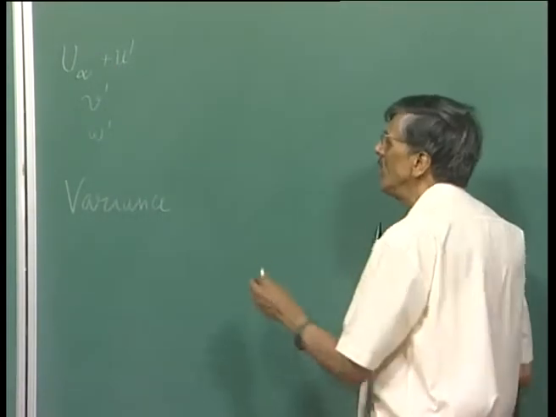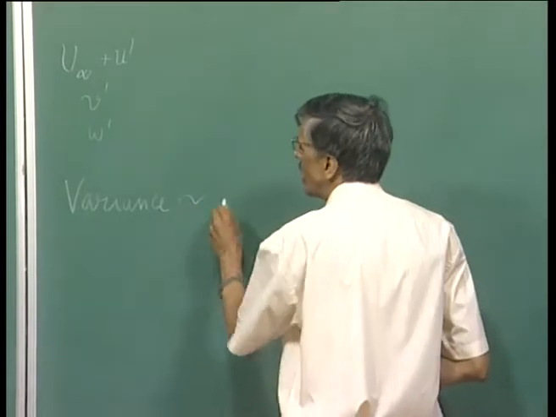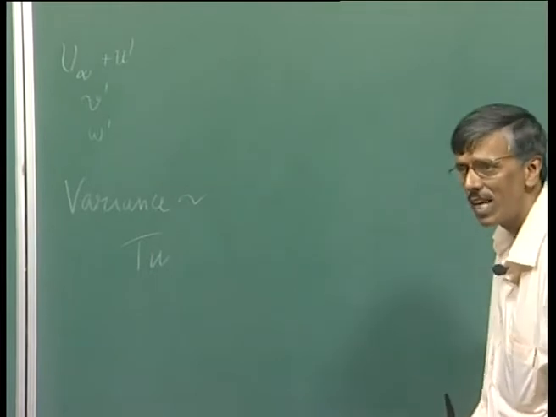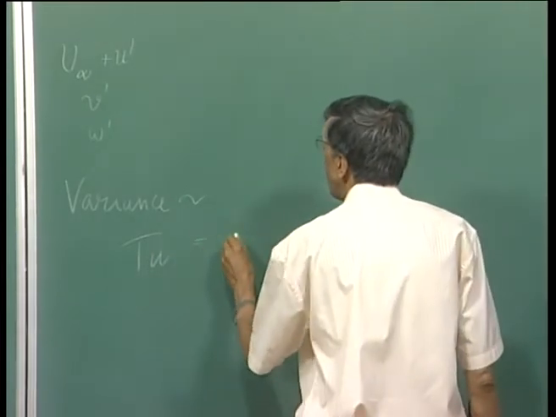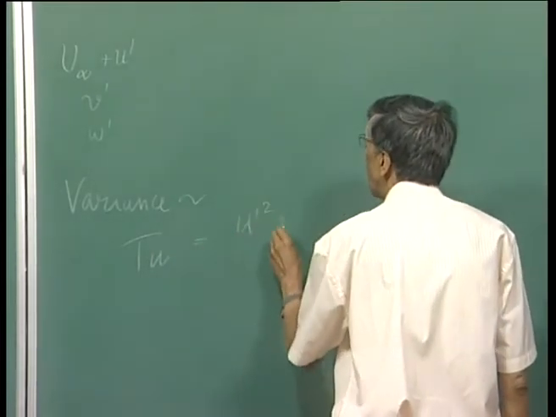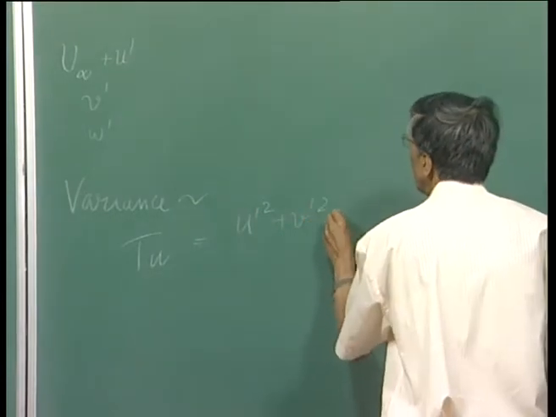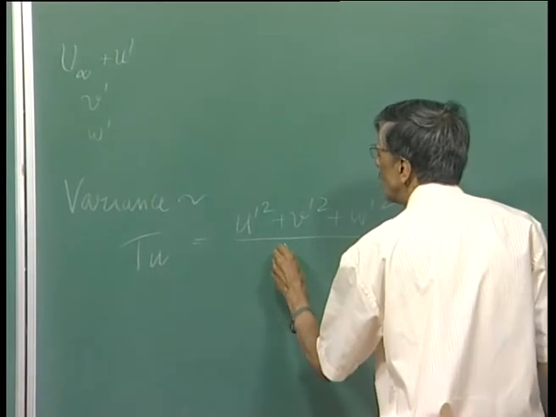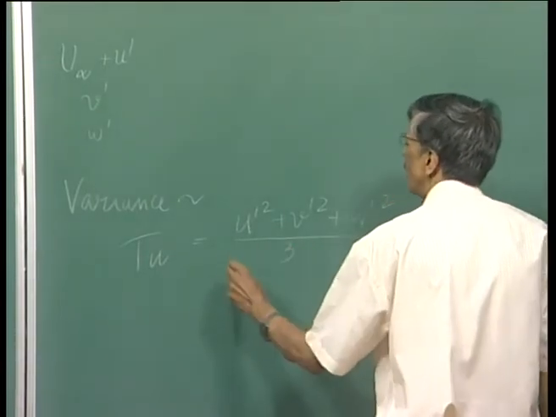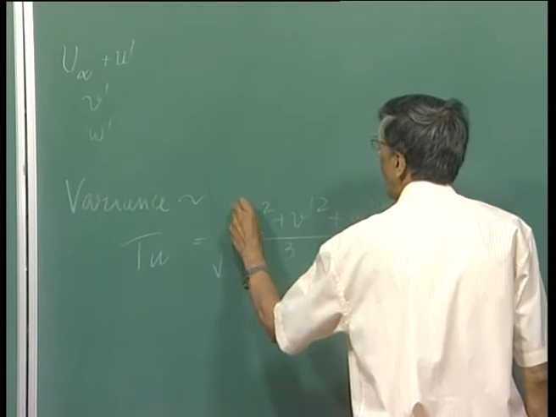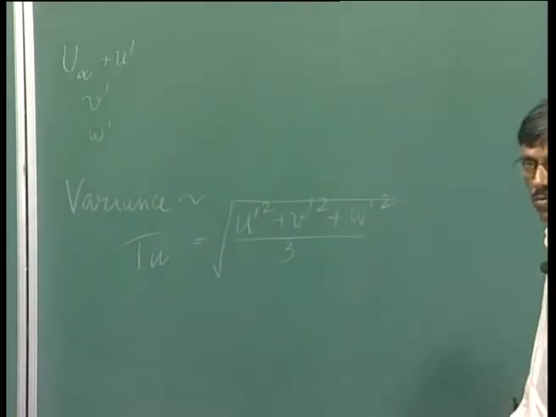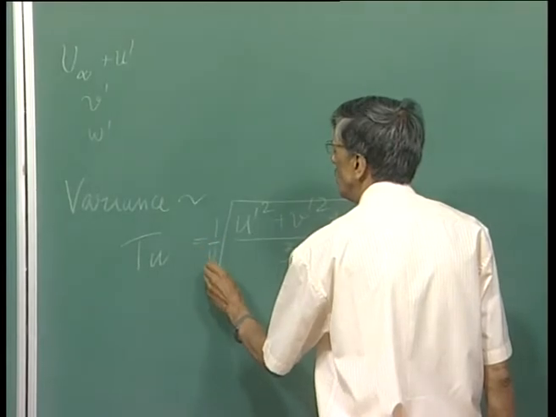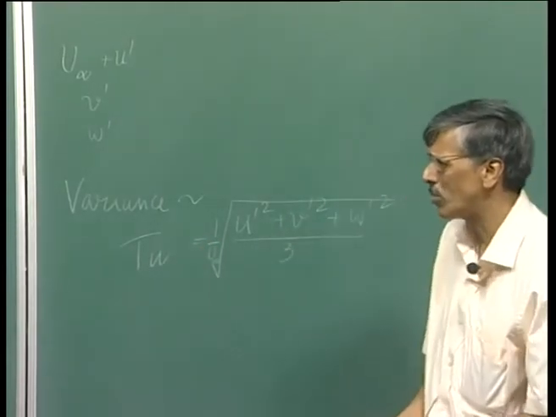The variance goes as given by the turbulent intensity that we talk about, which is nothing but u infinity square, v infinity square plus w infinity square divided by 3, and then I will take a square root of that. I will non-dimensionalize with respect to u infinity. So, that is what we are saying.